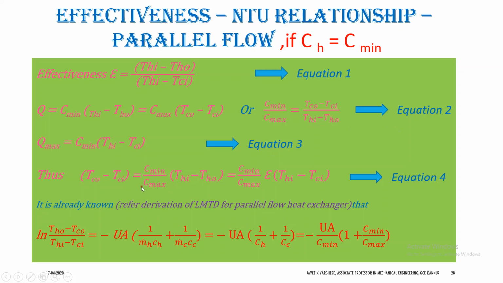And that is equal to C min by C max into THI minus THO, and THI minus THO is equal to epsilon into THI minus TCI. So this will be further written as C min by C max into epsilon into THI minus TCI. If you see any function like this, we should be able to write it in terms of C min by C max, epsilon, and so on.